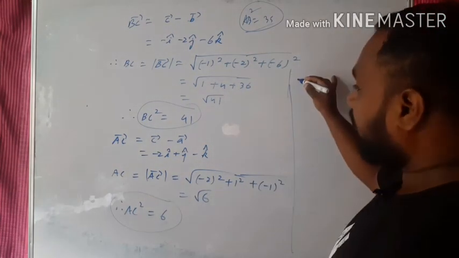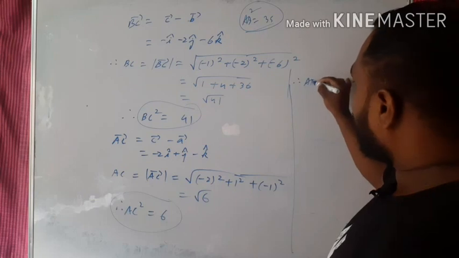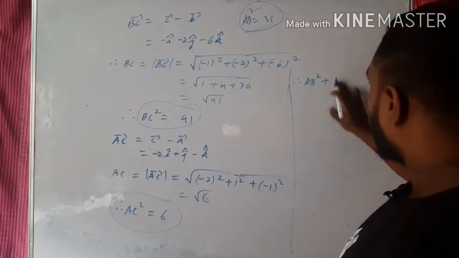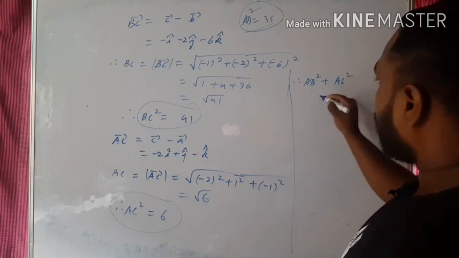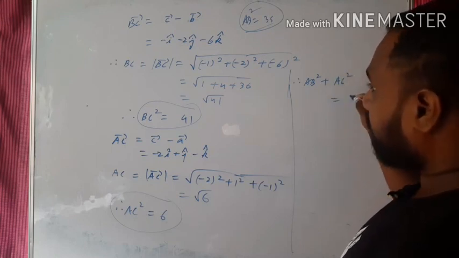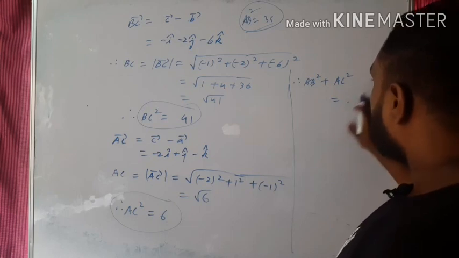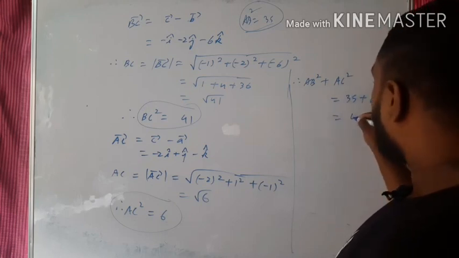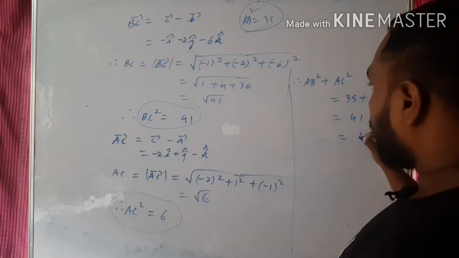So here we can see that AB square plus AC square is equal to BC square, isn't it? If I put the values, 35 plus 6 will be 41, which is equal to BC square.